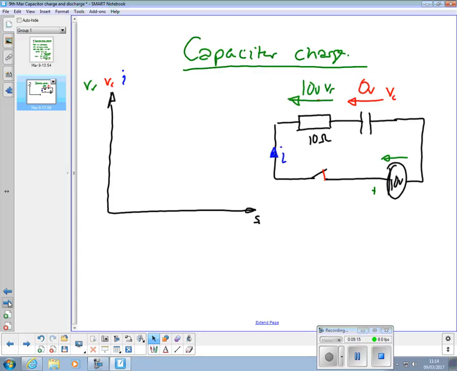Yep. Okay. So, little vC at time 0 is nothing. Put a dot there. Little vR at time 0 is 10 volts, so we'll label that 10 volts at the top. Okay. Current. How can I calculate the current?